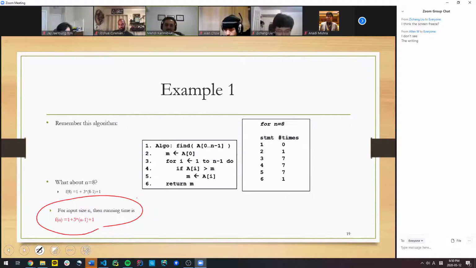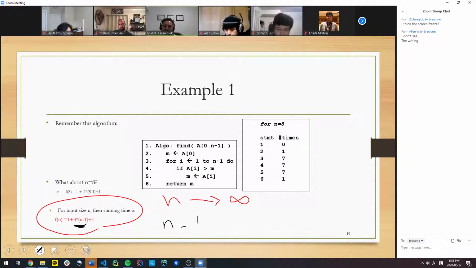So what I'm trying to say is, as n goes to infinity, what really matters in this function is this part, n minus 1, because the rest are just constant numbers. Is infinity much bigger, or is 1 much bigger? Infinity is humongous compared to any constant.